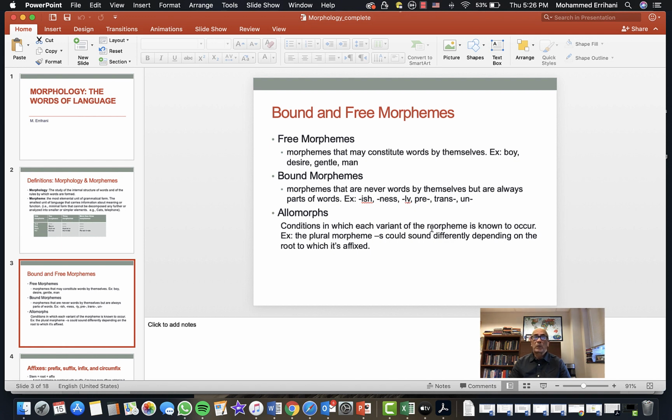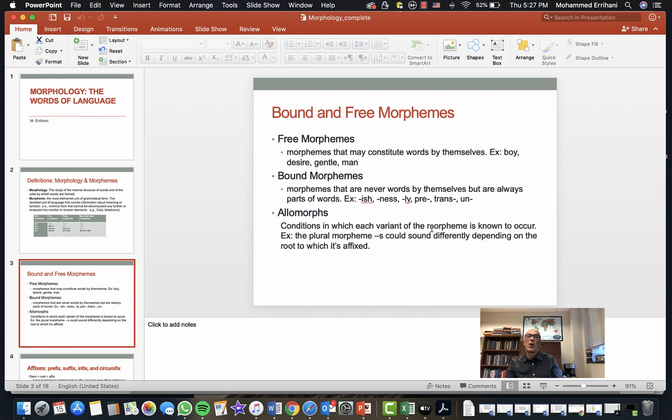In the same way that, if you remember when we talked about phonology, phonemes are the basic unit of language, of sound. It's basically an idea. A phoneme is this concept that we have of a sound, and it can be manifested in at least two different ways, and those manifestations or variations are called allophones. In the same way, morphemes can have what we call allomorphs.